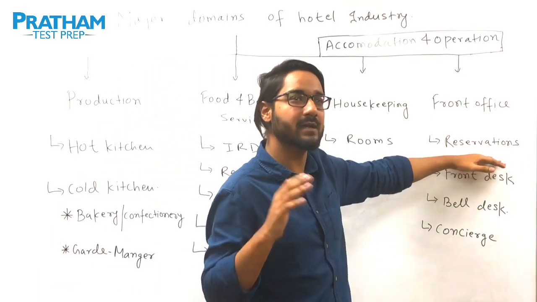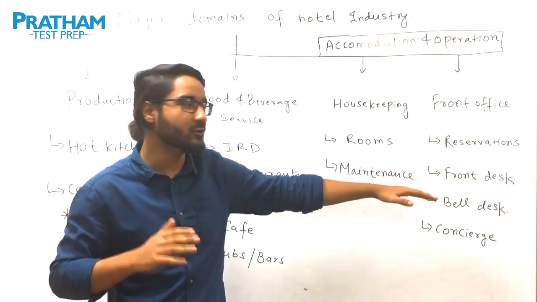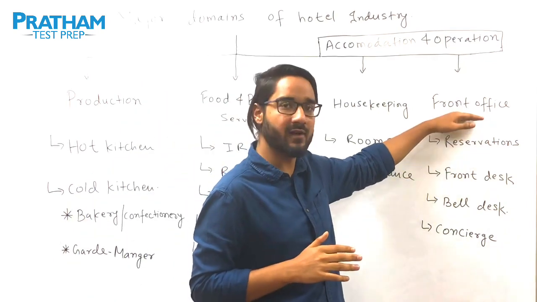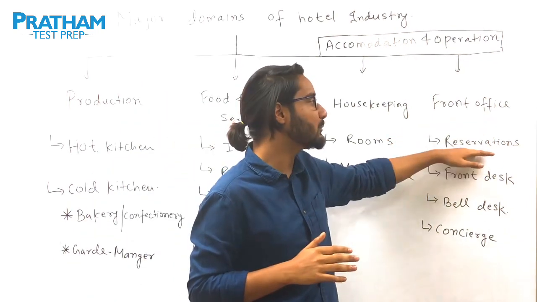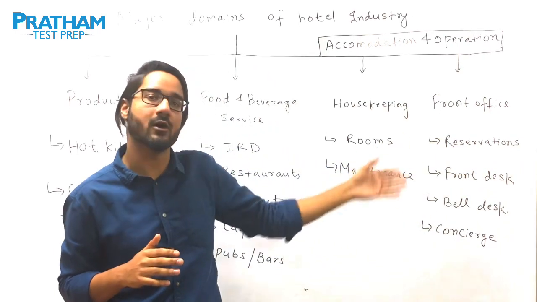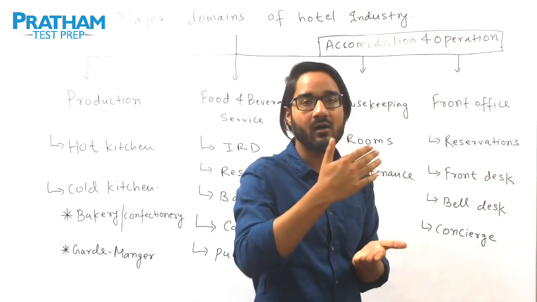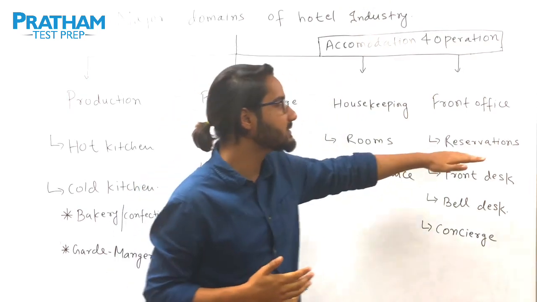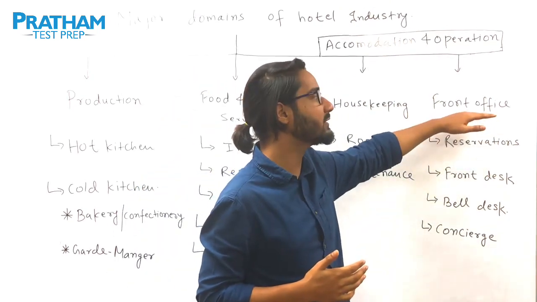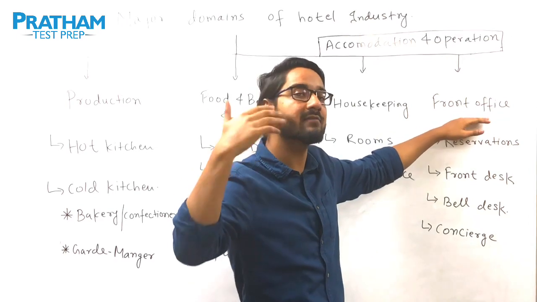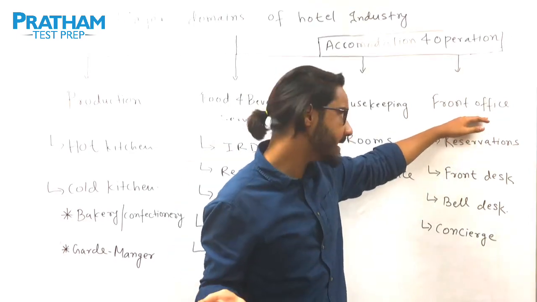If it's a smaller property, usually they merge reservations with the front office, but ideally it is supposed to be a different department, because all the reservations that they receive via the online portal and offline are taken care of by the reservations department, which is further forwarded to the front office, and they take care from there onwards.